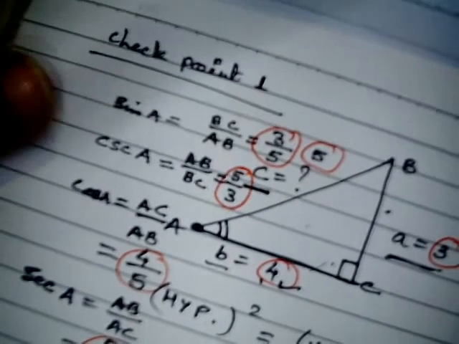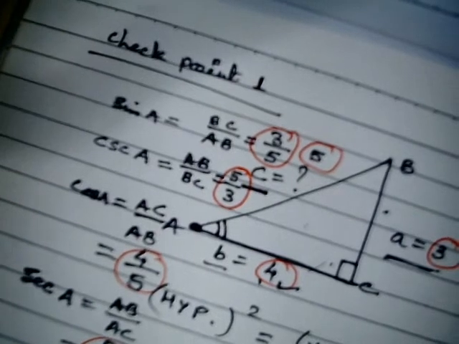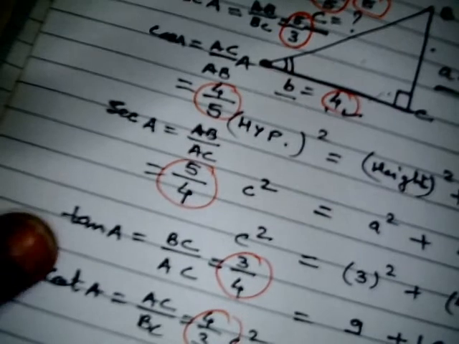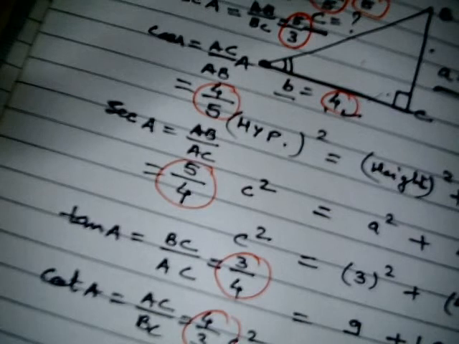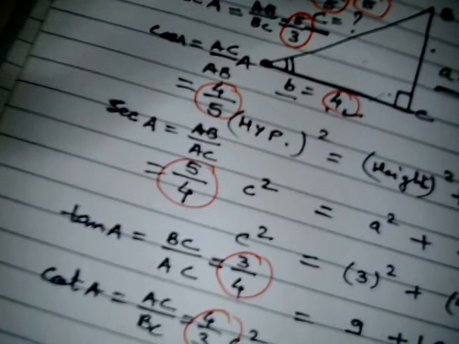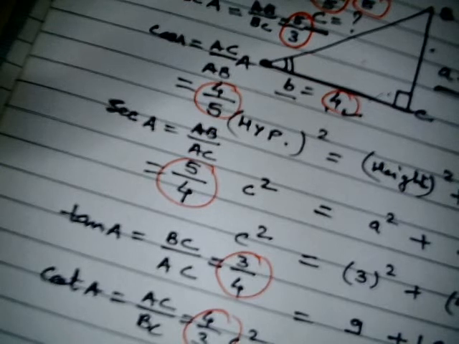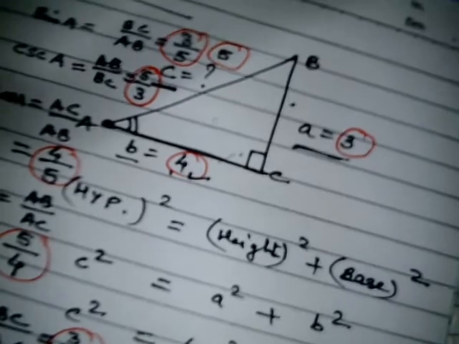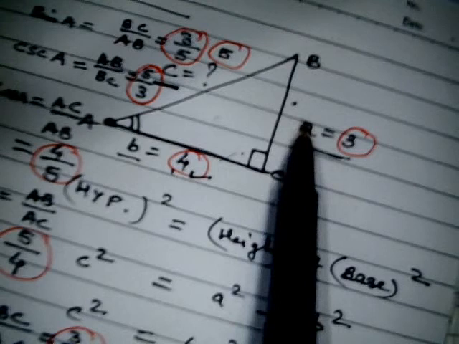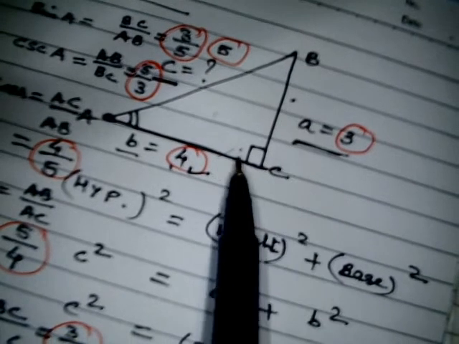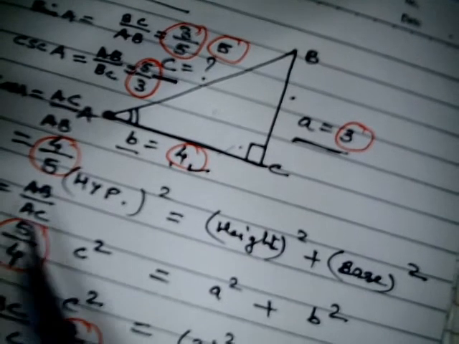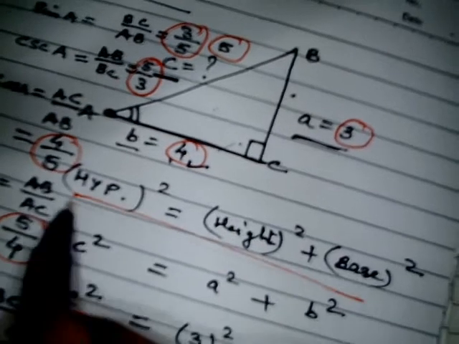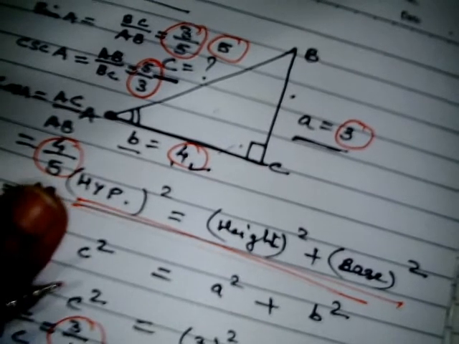So I hope this makes it a little clearer how to calculate the 6 trigonometric functions. When two sides are given, perpendicular height and the base, with the help of those I have applied this formula, which you need to learn: hypotenuse square equals height square plus base square, or you can say hypotenuse square equals adjacent square plus opposite square.